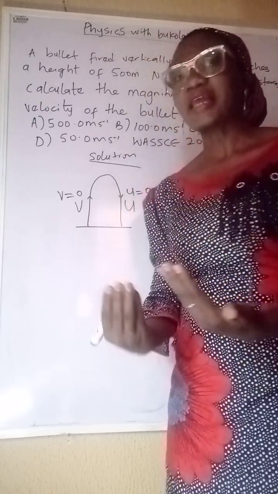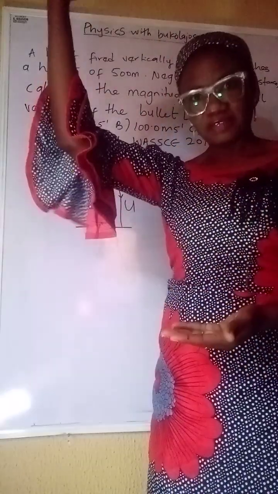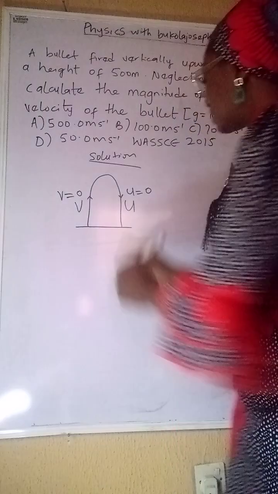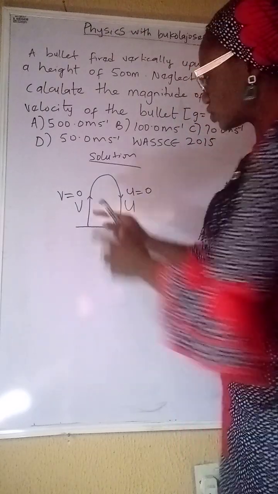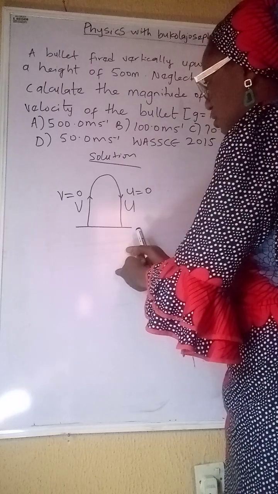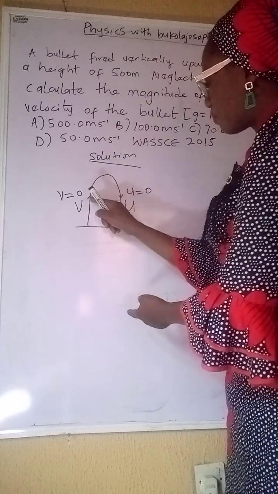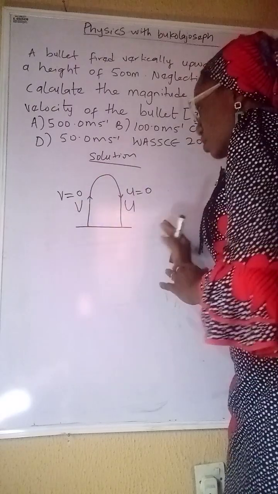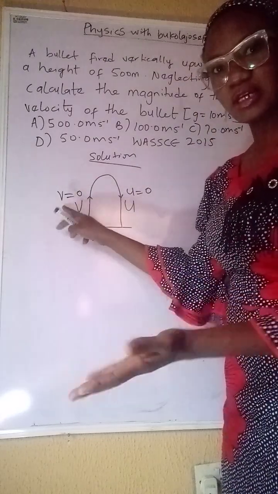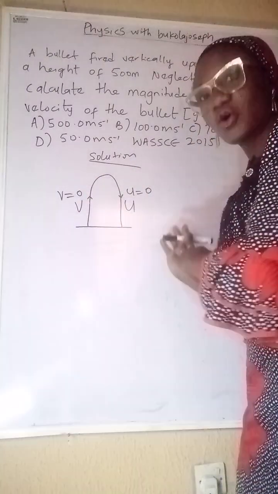For a body coming down from a certain height, U is 0. So you put an arrow for up, an arrow for down on the other side, then V is equal to 0 on this side and U is equal to 0 on this side.